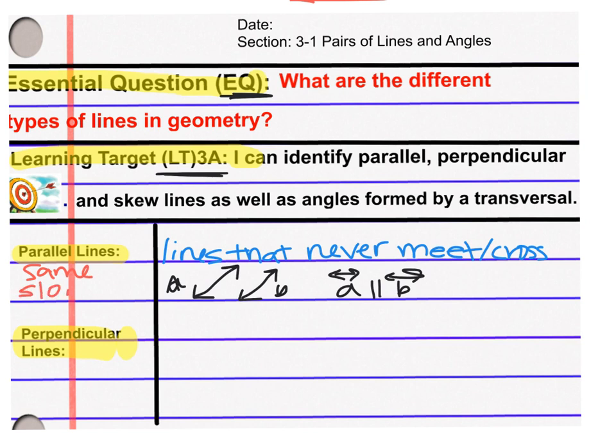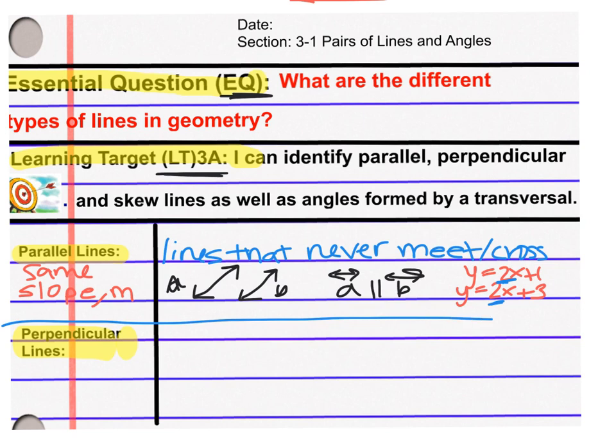That will be important in this chapter as well, so make sure you're writing that down. The same slope, or m, so something like y equals 2x plus 1 and y equals 2x plus 3. Okay, same slope, 2 and 2. So that is parallel lines.